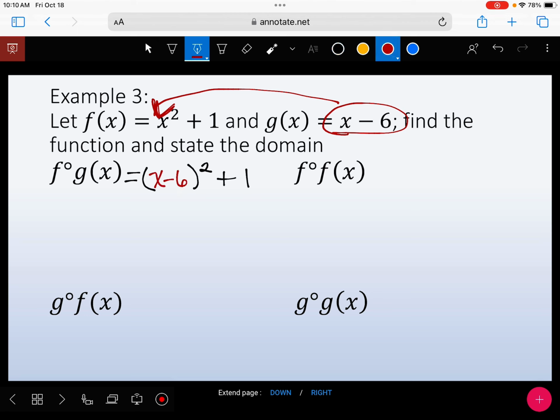Now, don't forget, when you square a binomial, we have to make a box, FOIL, or distribute. The biggest mistake is students will forget that and say that x minus 6 squared is x squared plus 36, and that is not correct.